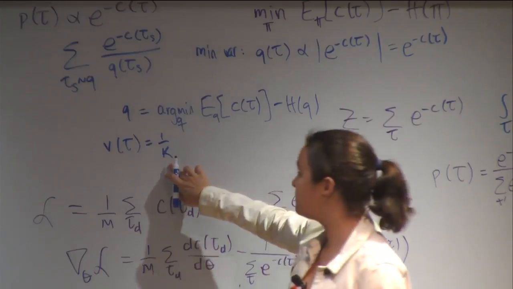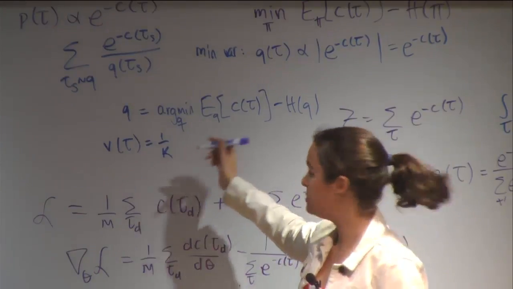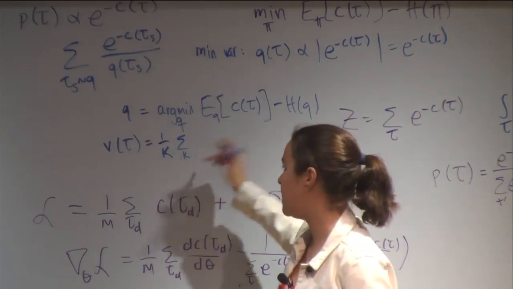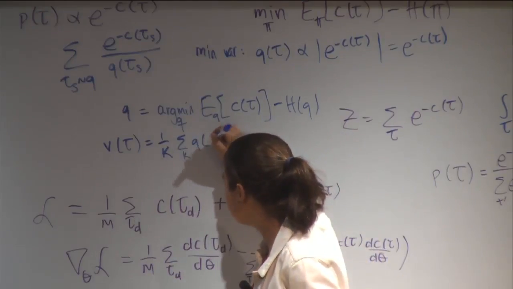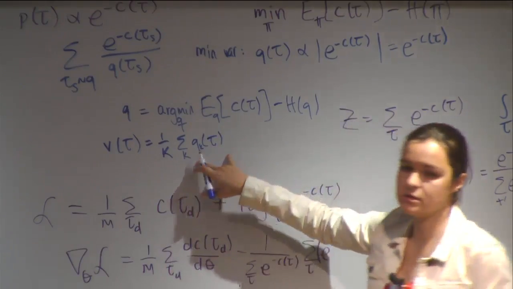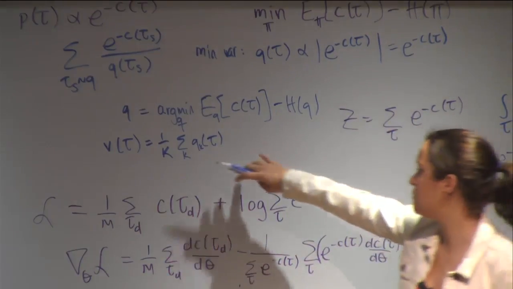And so say you have capital K different distributions, then this mixture distribution is going to look like essentially the average of qk of tau, the average over all of your q's.